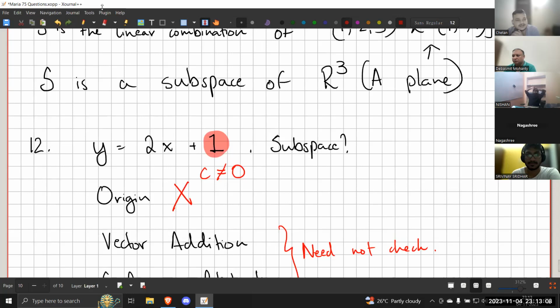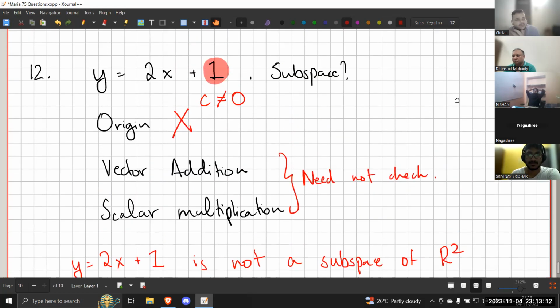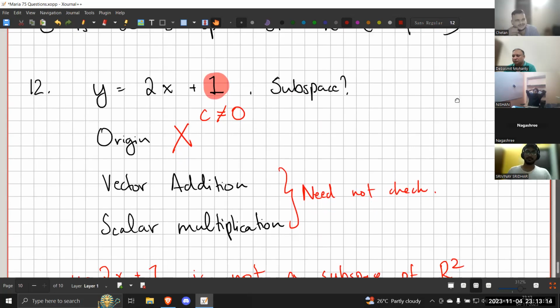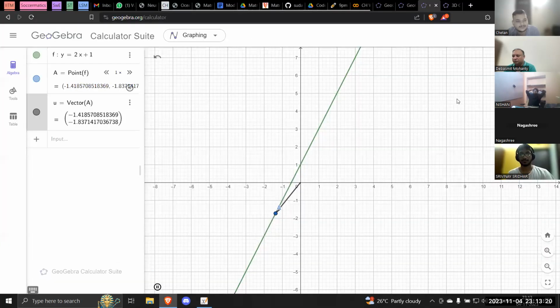I'm pretty sure in the initial stage that term did not make sense to anyone. Why are we calling these nice functions? What's so nice about them? Now can you see what was nice about them? Those functions were satisfying those conditions, which means those functions can be considered as subspaces.